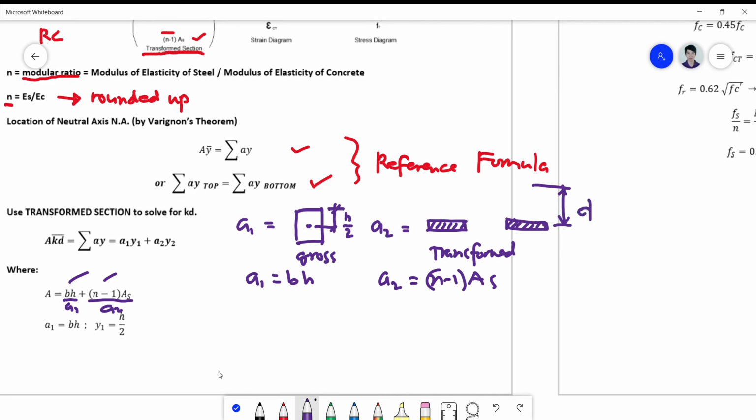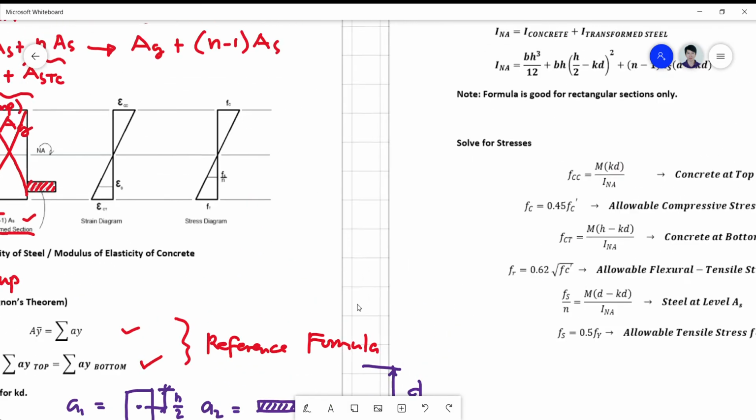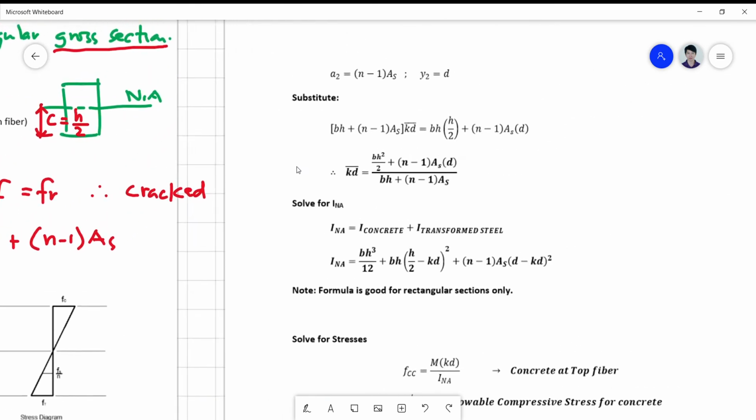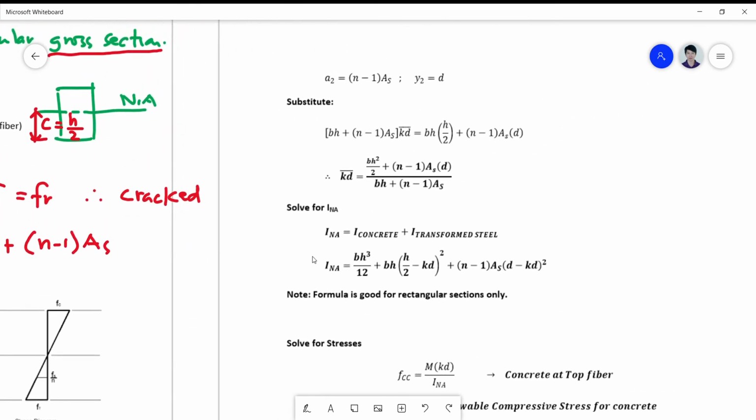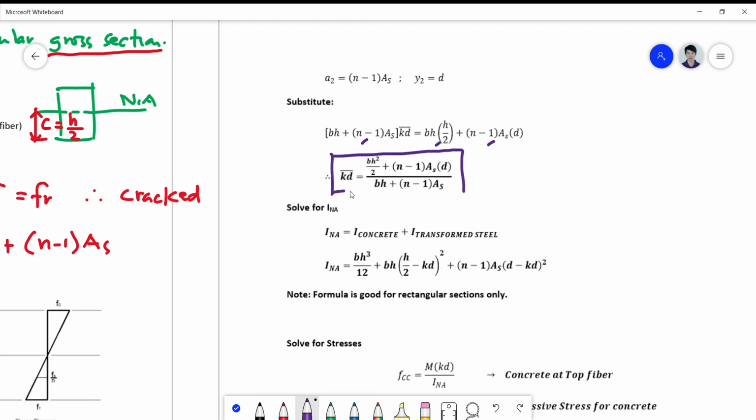Okay, such that if I substitute it here, I will now get BH plus n minus 1 AS KD is equal to BH times H over 2 plus n minus 1 AS times D. Okay, so your KD now can be solved by arranging. Okay, you put this at the bottom and then put this as your numerator.